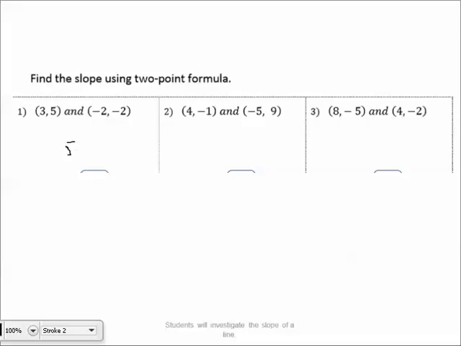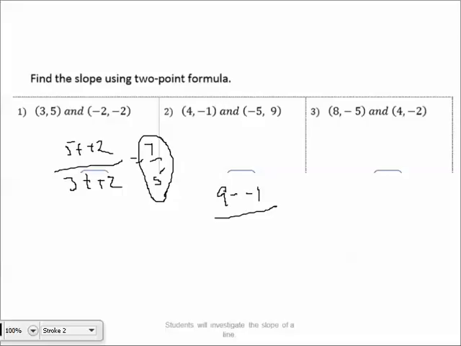So 5 minus a negative 2 divided by 3 minus a negative 2. Well, minus a negative, that means we're going to be adding here, and we're going to get 7 over 5. Leave it like that. It's a fraction. It works. 9 minus a negative 1 divided by negative 5 minus 4.